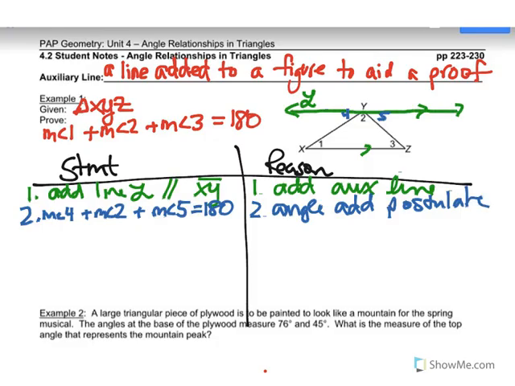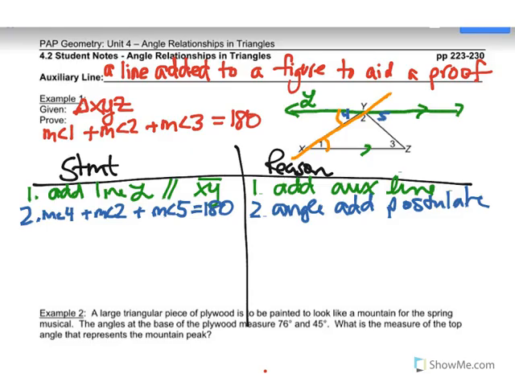Now let's go to number 3. Here's what adding that line helped us do. When we added that auxiliary line, now we can see XY here is a transversal. And so when you have a transversal like that, we can say that angle 4 is congruent to angle 1. How do I know that?